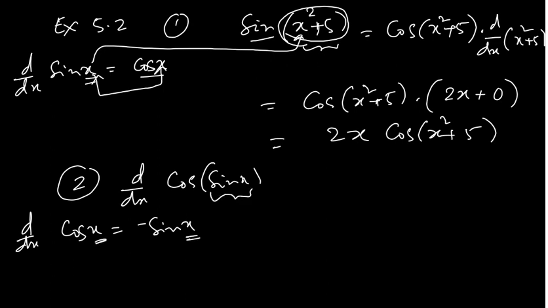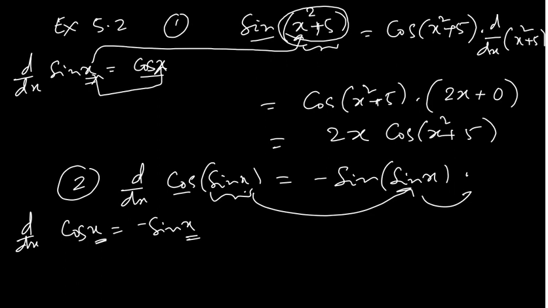Something else is there in the bracket. So that something else you have to differentiate again. First, for cos, it's minus sin x. At this time you don't disturb. First write it as it is. Now differentiate this sin x. So the answer is minus sin of sin x into cos x. This is the answer.